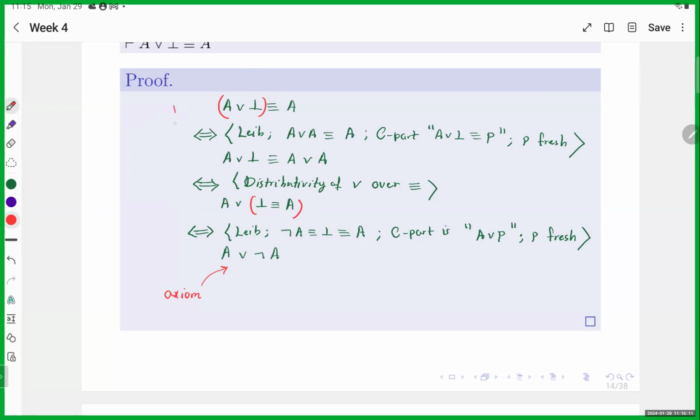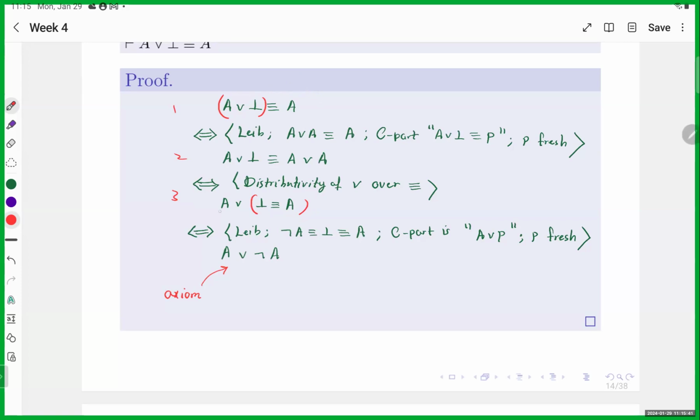Steps 1, 2, 3 show us that they are equivalent, but we didn't have this. This is the formula that says A or bottom is equivalent to A. So the entire A or bottom is equivalent to A. And here, this is another formula, which is different, right? It's syntactically completely different from the other formula.